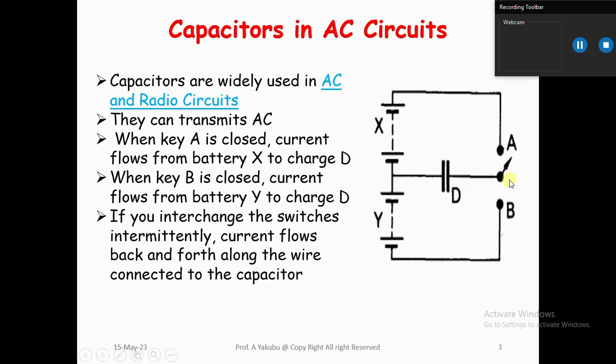And when you open this and close key B, current now flows from battery Y to charge D. If you interchange the switches intermittently, current flows back and forth along the wire connected to the capacitor.